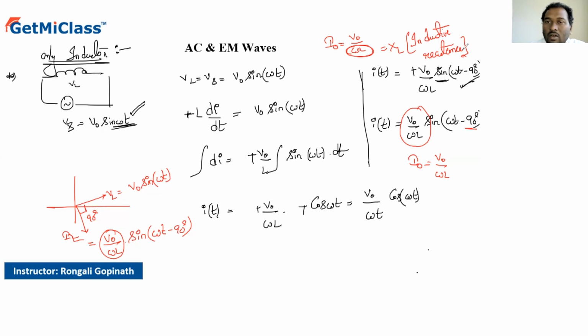It is nothing but omega into L, right? So we can say that for a pure inductor, the current always lags its voltage by 90 degrees. All right. The next concept is when only a capacitor is connected.